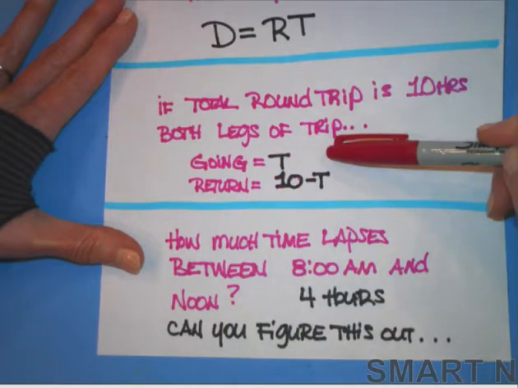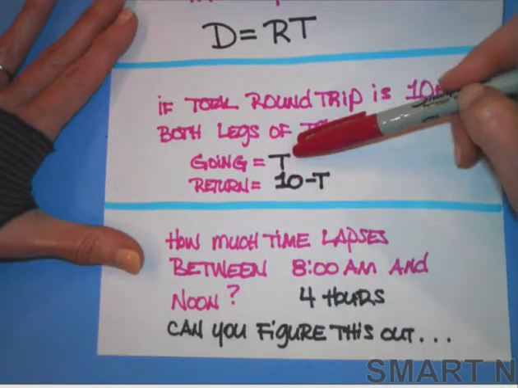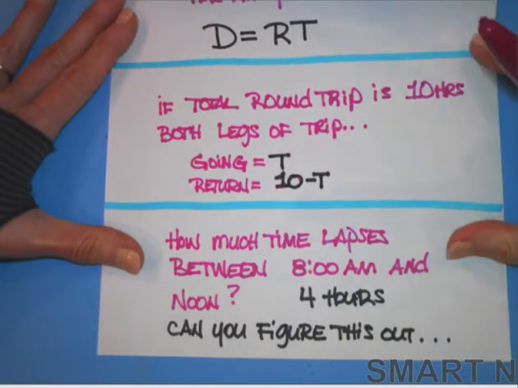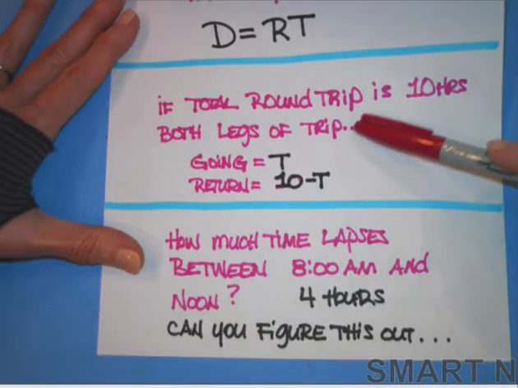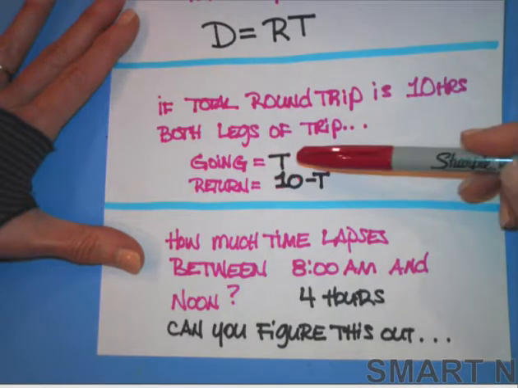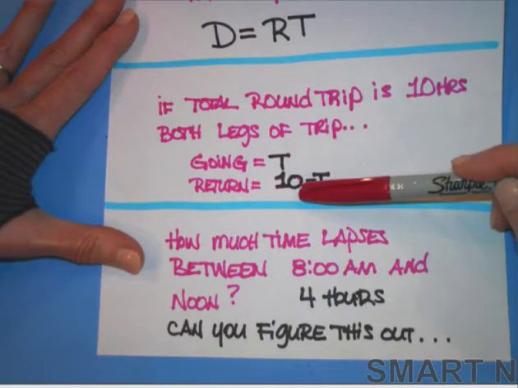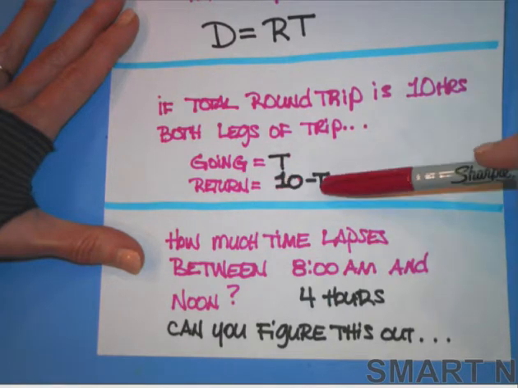And of course you could flip those. This could be 10 minus t and this would be t. But the hint is if you're only given the entire trip time, then one leg of the trip is the variable and the second leg of the trip is the total time minus the variable.